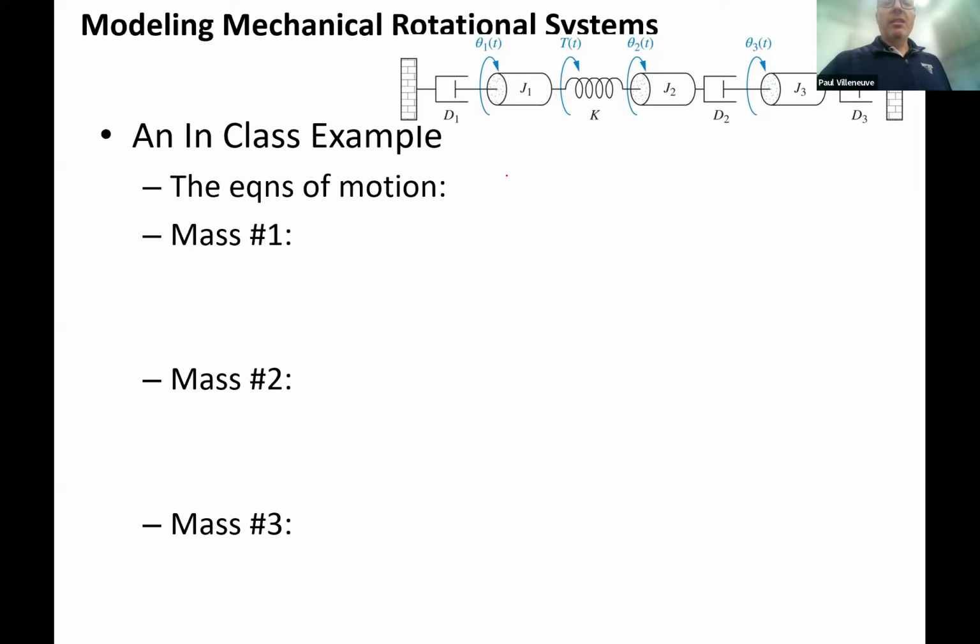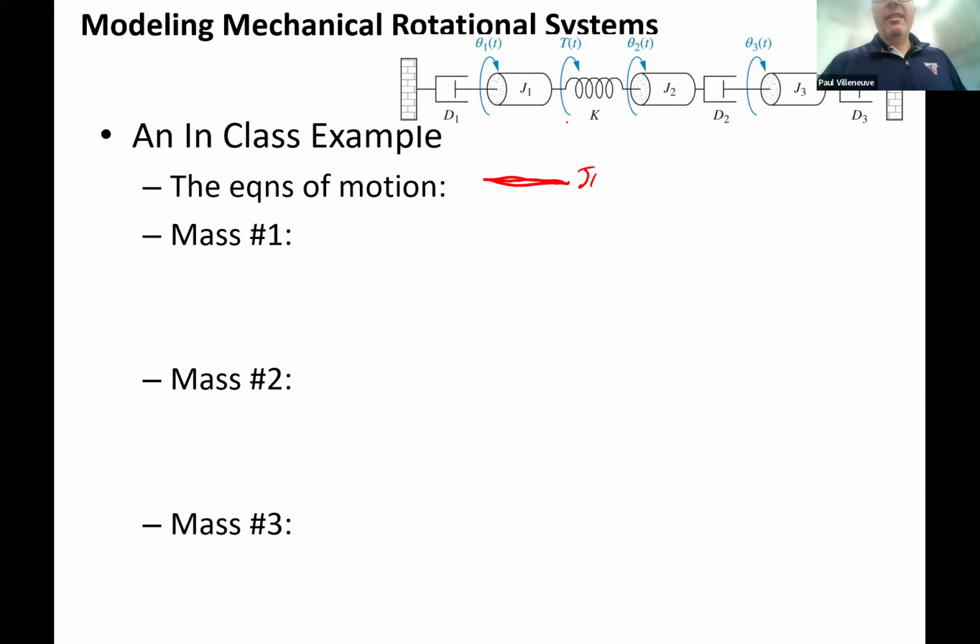Remember, just draw, get started if you're stuck. Draw whatever mass you're trying to accelerate. And then start to apply the forces.